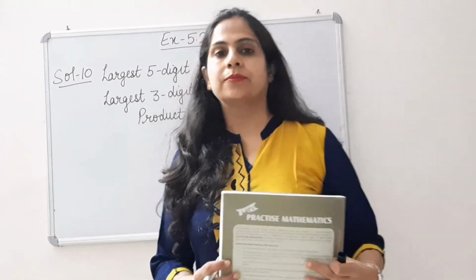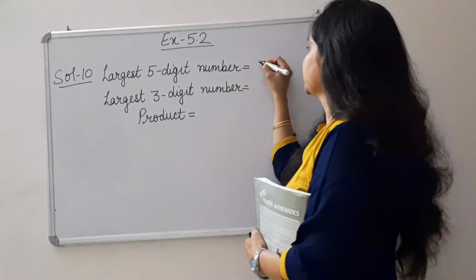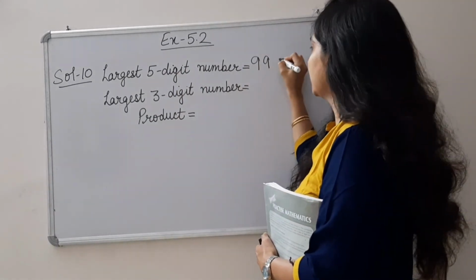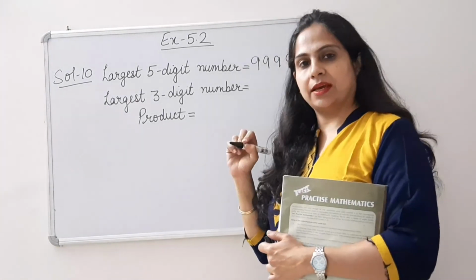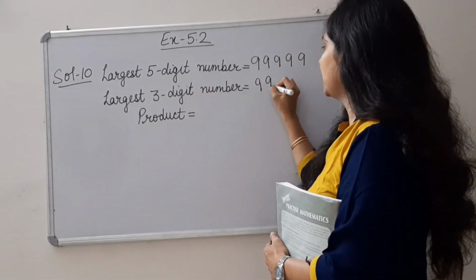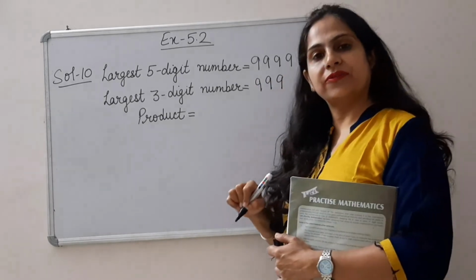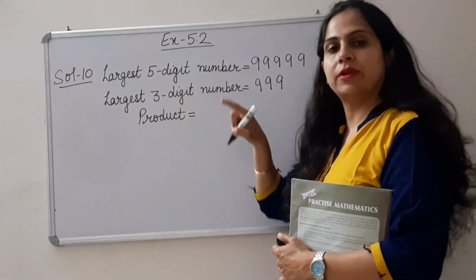Okay, now the largest 5-digit number is 99999, that is 5 times 9. Okay, now the largest 3-digit number is 999. Okay, now what we have to do? We have to find the product of these two numbers.